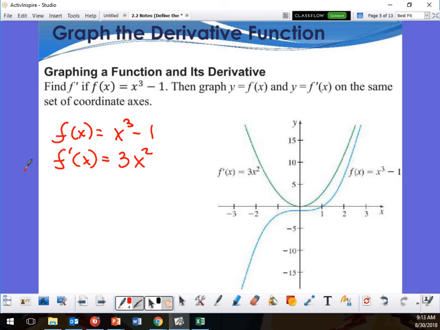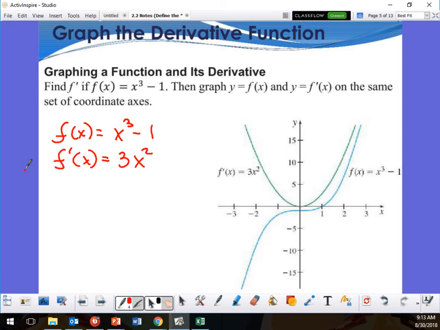All right, so it says right here, graph them on the same set of coordinate axes. So when we did this, here's my x cubed, if you notice right here, and here's my x squared right here. I'm going to get a little bit more into detail with this because you guys should already know this.